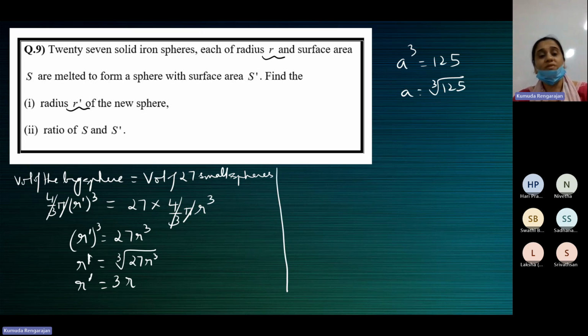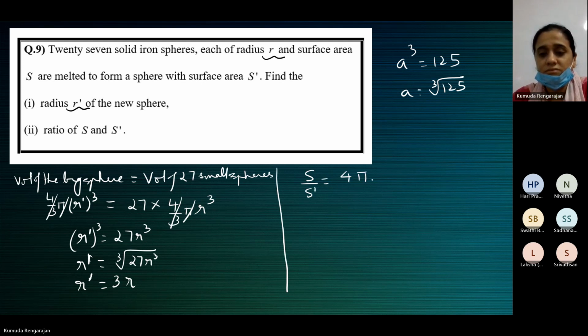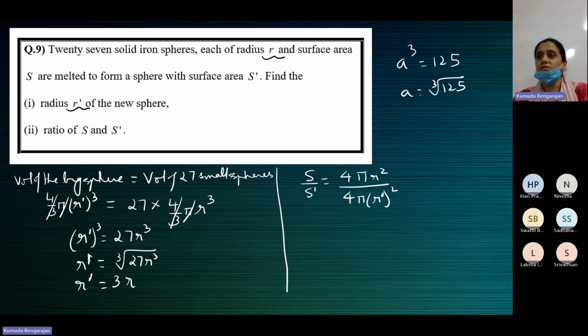Next, you must find the ratio S to S dash. What is S? The surface area of each of the original small 27 spheres. And what is S dash? Surface area of the new sphere. So you should find the ratio S to S dash, correct?